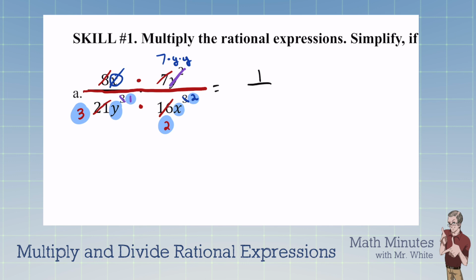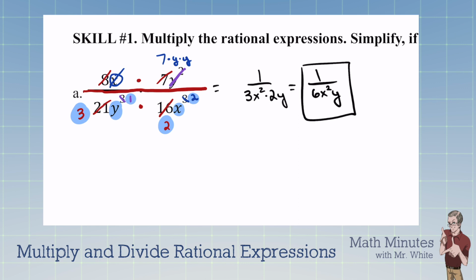Now, on the bottom, we get 3 and an x squared times, I almost forgot that 2 there. There's a 2 down there and a y. So we can go ahead and write this as 6x squared y. This would be the most simplified way to write this question after cross-canceling and canceling. It all comes out nice and simply.